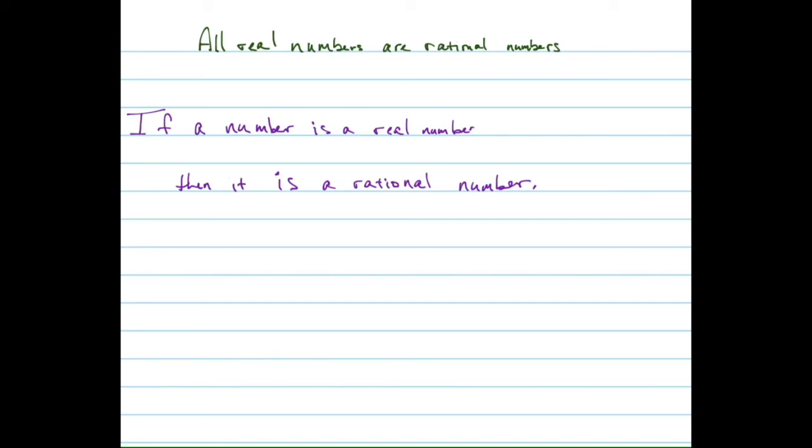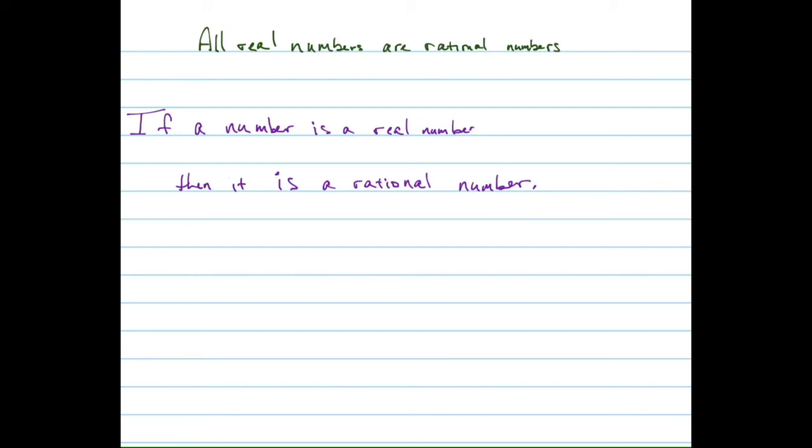Okay, so if it's not true, we need what's called a counterexample. We need just one number that's a real number, but not a rational number. Somebody give me a number that is a real number that is not a rational number. A number that is a real number, not a rational number. Caleb? Pi.